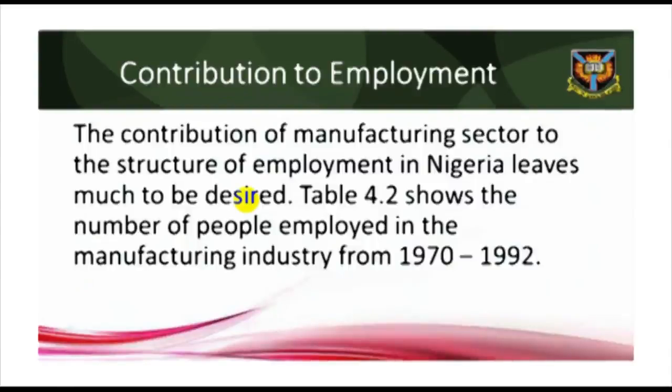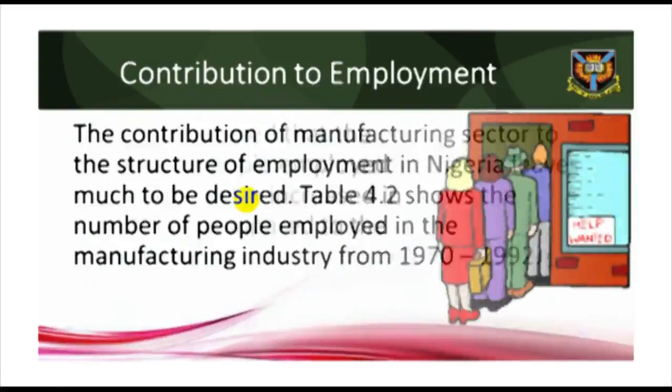Number 4. Contribution to employment. The contribution of the manufacturing sector to the structure of employment in Nigeria leaves much to be desired. Table 4.4 shows the number of people employed in the manufacturing sector from 1970 to 1992.